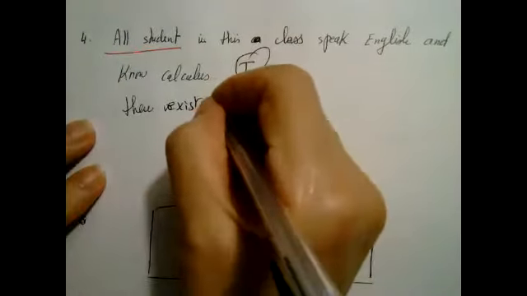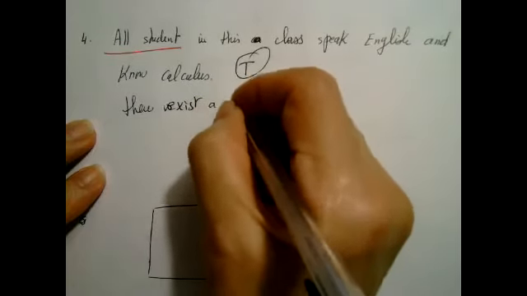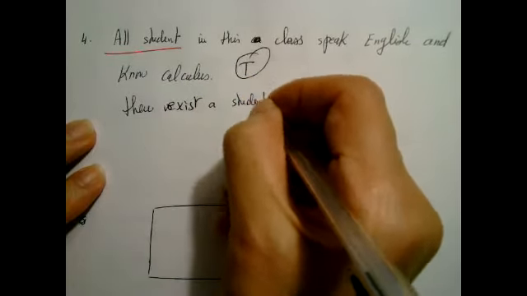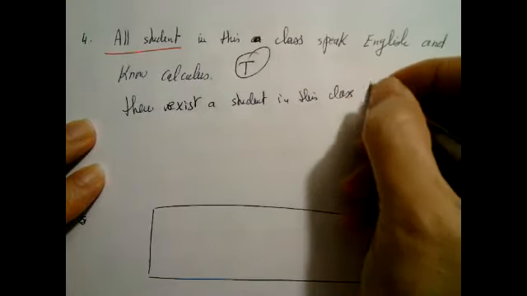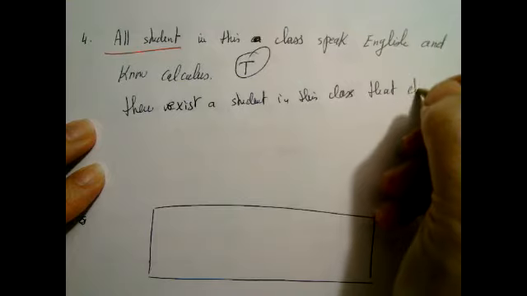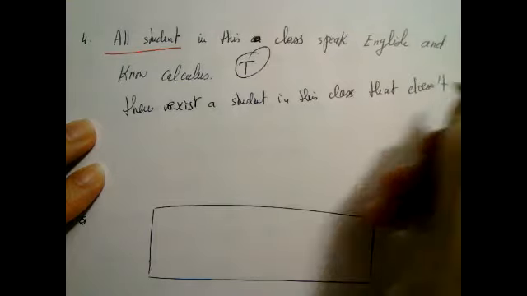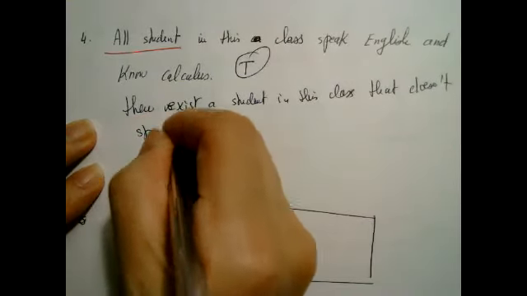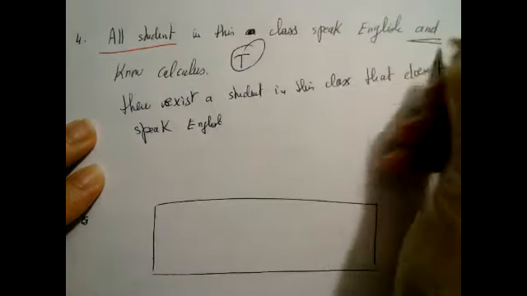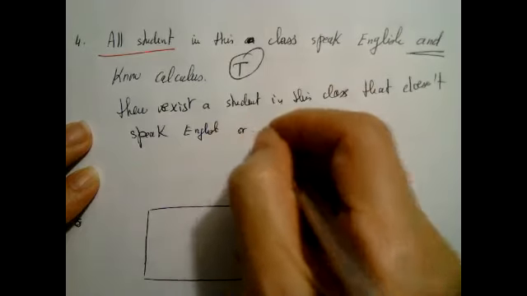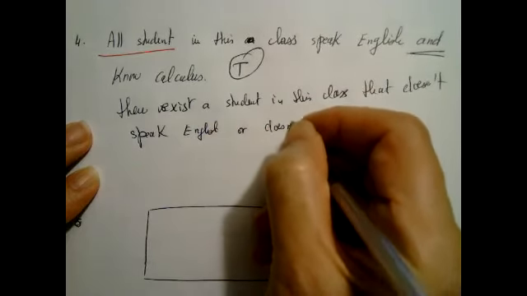That exists for all students. There exists a particular student, that's really what we mean. A particular student in this class that doesn't speak English, or, and we negate "and", doesn't know calculus.